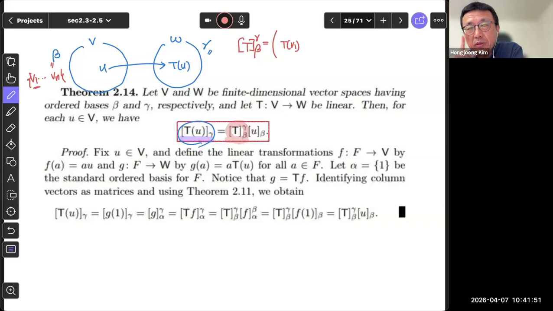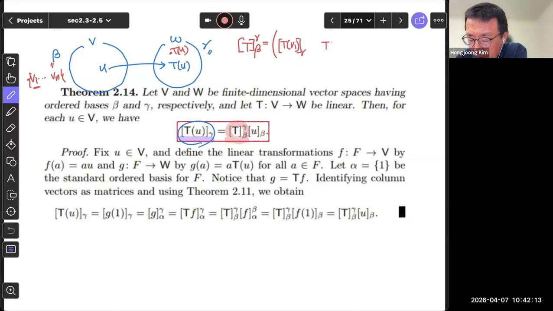When you represent this T of V1, since T of V1 is a vector in W space, definitely gamma will be used to represent this vector in W. Okay, so that will be the first column of this matrix.